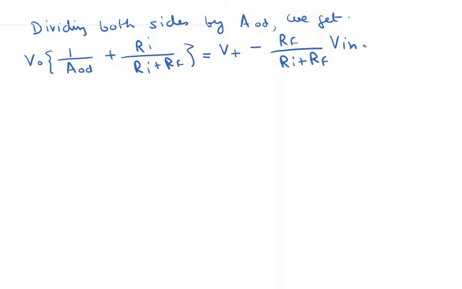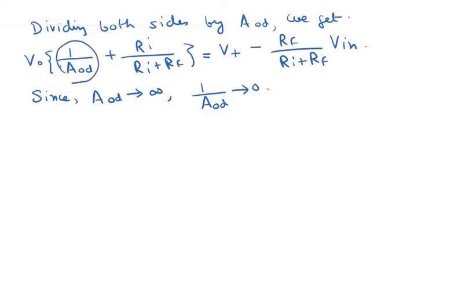Okay, now we note that AOD is basically very large, so AOD tends to infinity. Since AOD tends to infinity, therefore 1 by AOD must tend to 0. Okay, so we can neglect this term here with respect to this term Ri divided by Ri plus Rf.